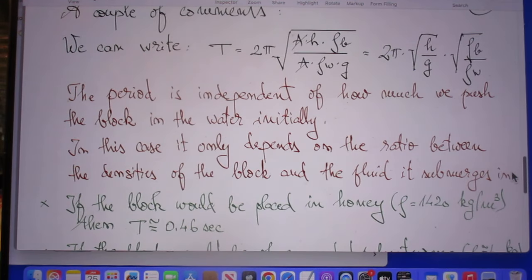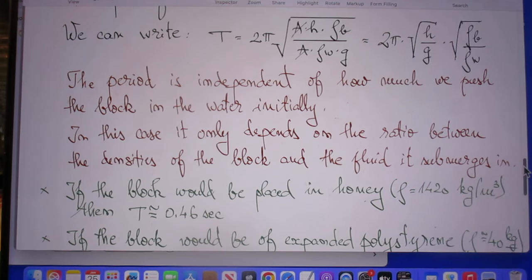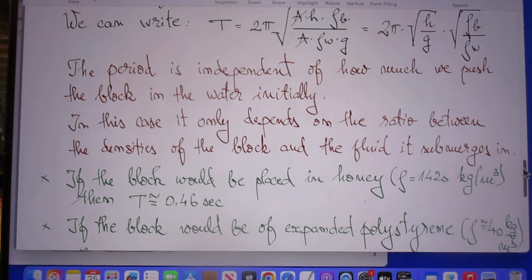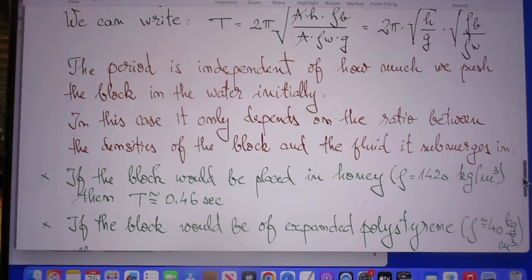He also, you see here, the period is independent of y. It does depend on densities.